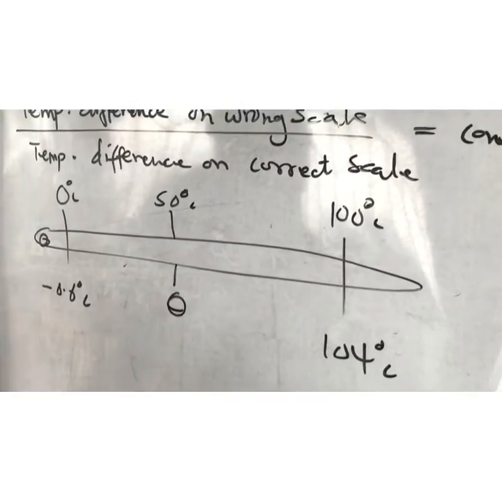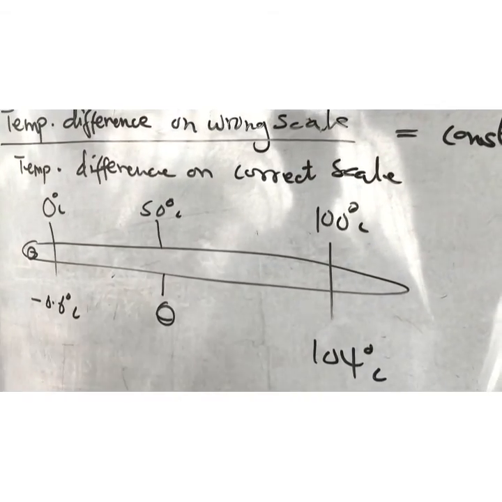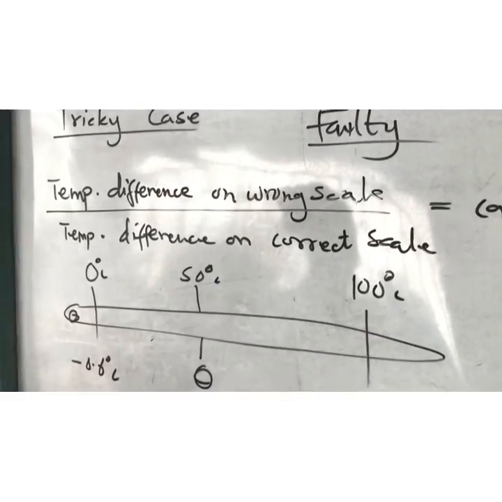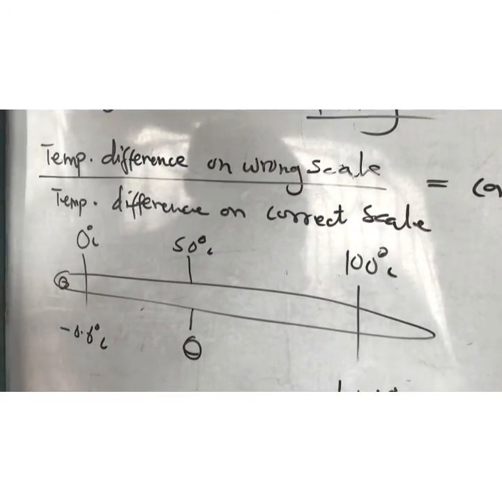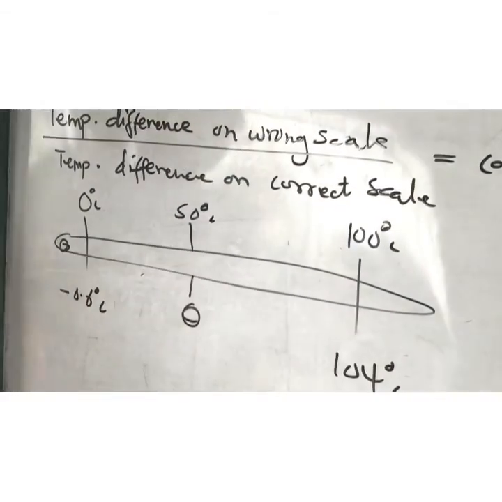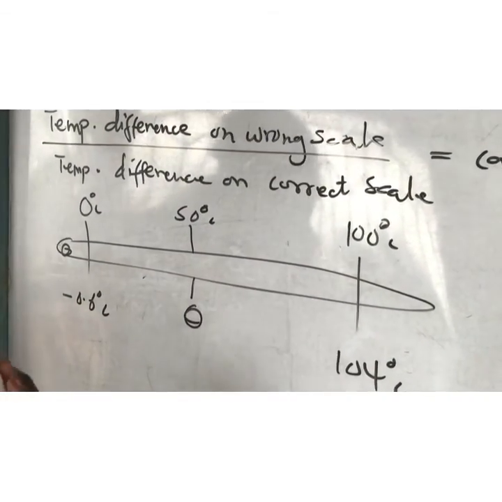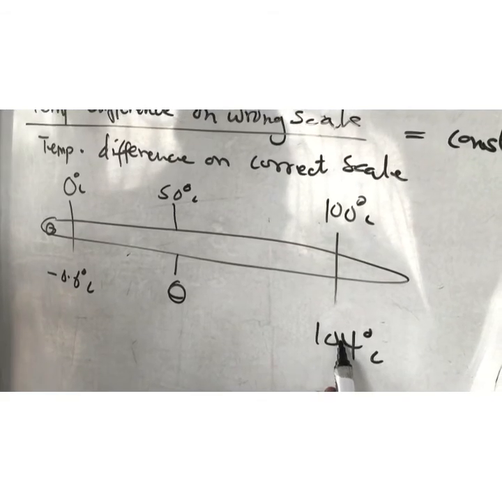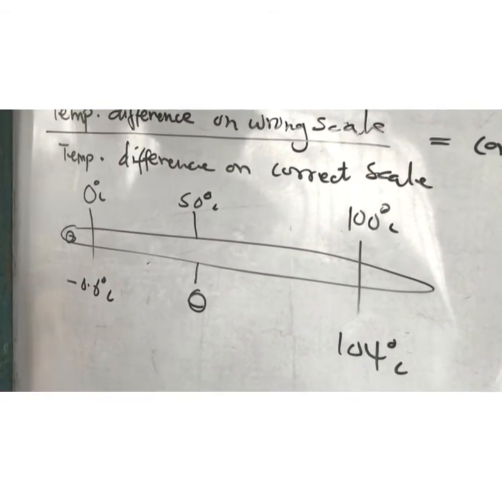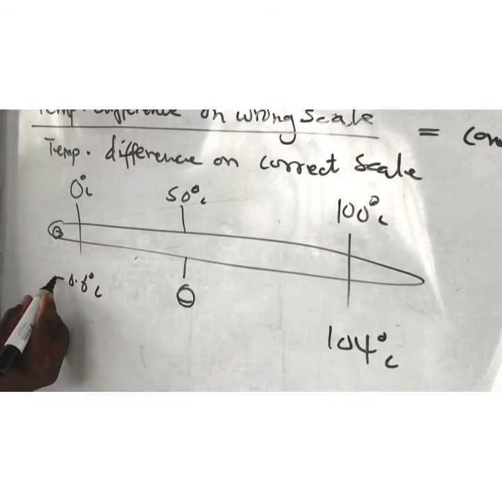So we don't know this theta. So we are going to look at this theta. So we are going to use this formula, temperature difference on the wrong scale. So all these at the bottom here, they are on the wrong scales, and then these here are the correct scales. So what will be the temperature difference? You have 104 minus, you are going to subtract, and here is negative.